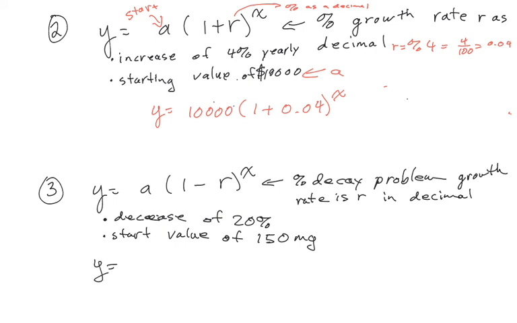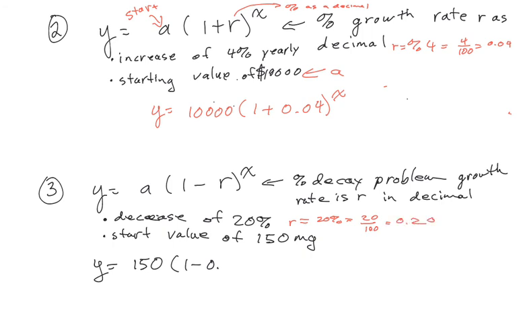So what you would write is this. y is equal to, well, the start value is 150, times 1 minus 0. Well, I don't know what 20% is as a decimal, so I'm going to calculate it. r is equal to 20%, which really means 20/100. Punch that in your calculator and you get 0.20.